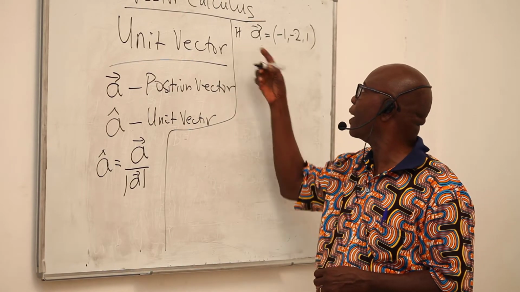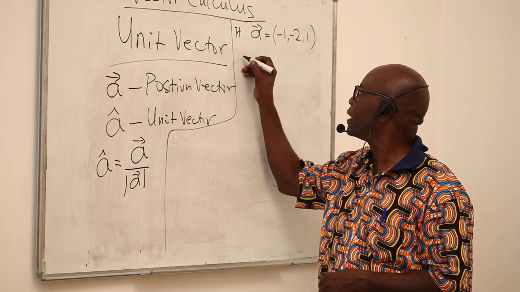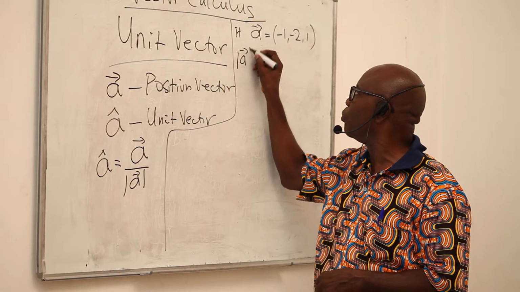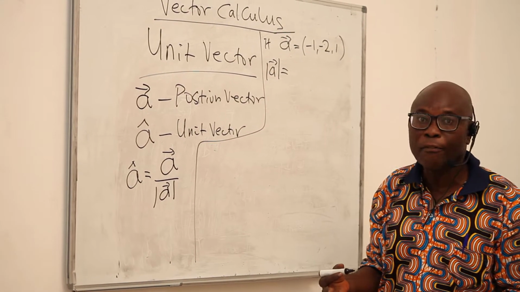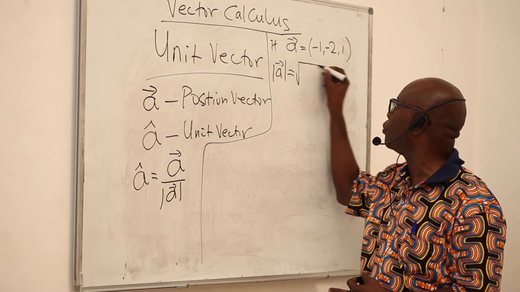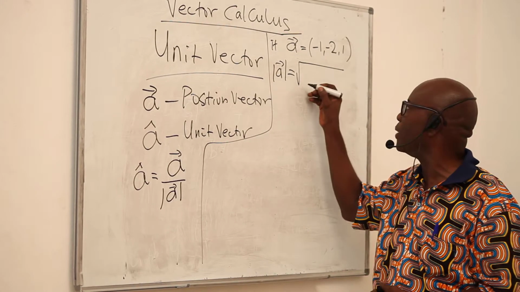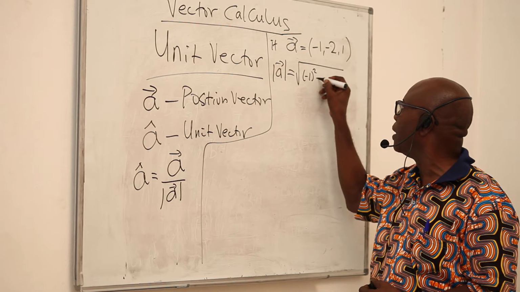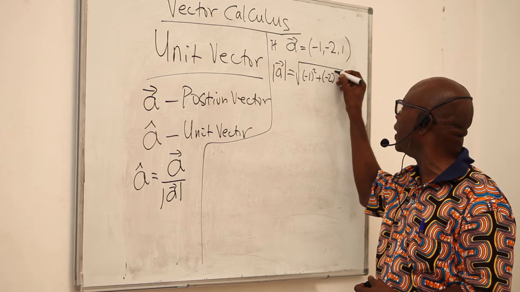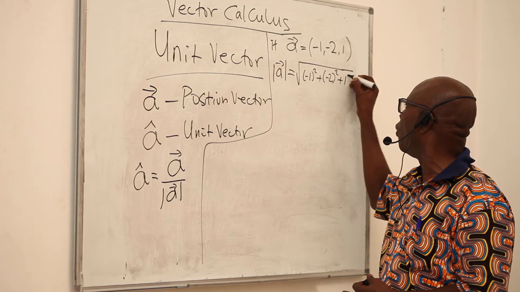We found from the formula that the magnitude is the square root of the individual components squared. So the square root of (-1) squared plus (-2) squared plus 1 squared.